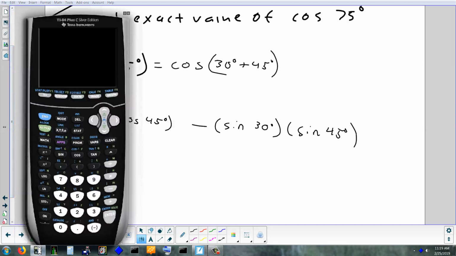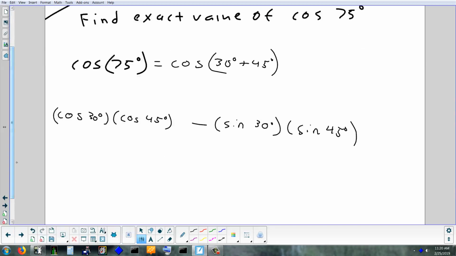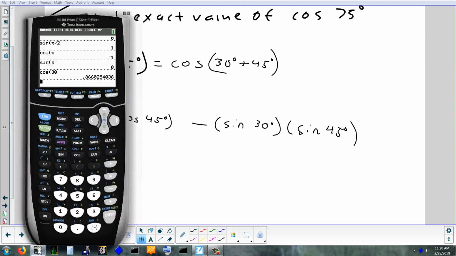Okay, let's start with cosine 30. If you switched into radians, we've got to go back to degrees. 0.866. How do we write that as a fraction? Square root of 3 over 2. Yep. Cosine of 45, how do we write that one? Square root of 2 over 2.